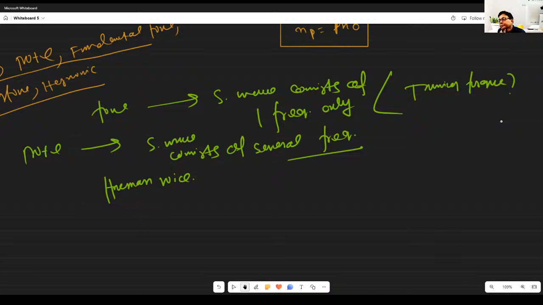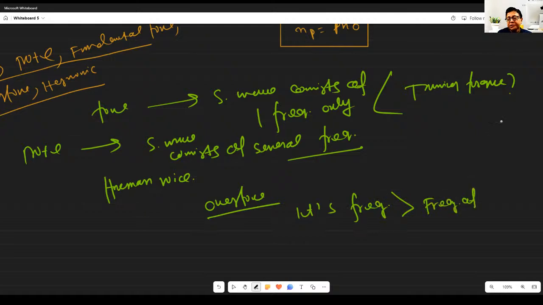Now, what is harmonic? Or what is overtone? First you write its frequency is greater than the frequency of FT. FT means fundamental tone. It has the least frequency.